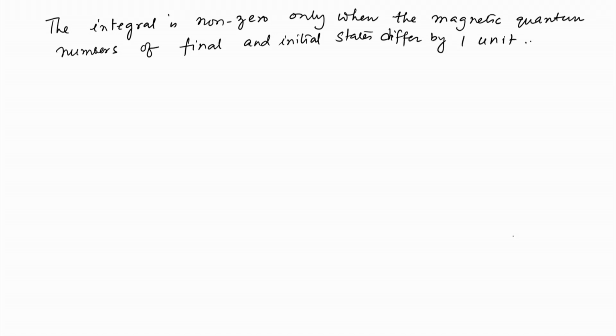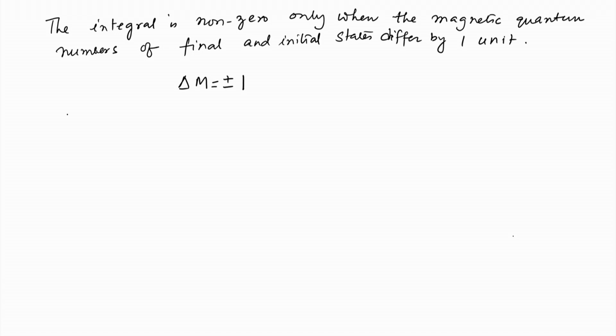What I mean to say is that delta m, the magnetic quantum number, should differ by plus 1 or minus 1, depending upon whether we are operating with I plus or I minus.